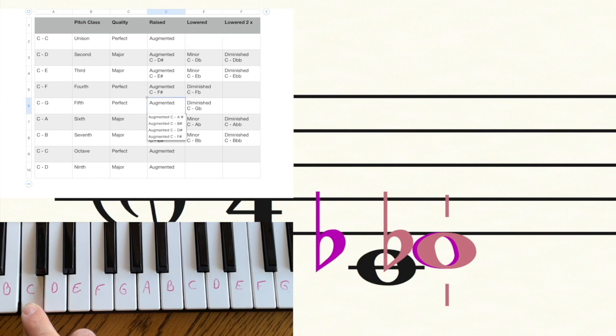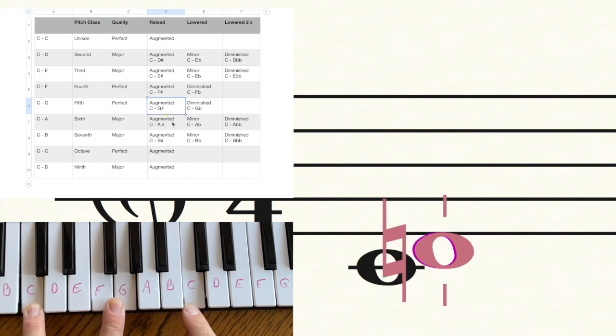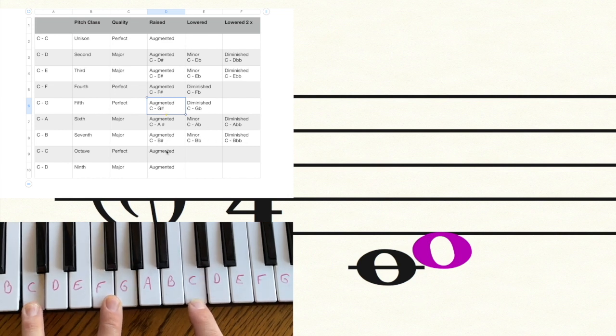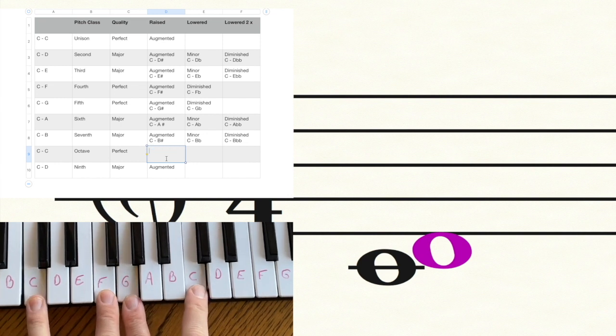So just to recap, perfect intervals, which in your C major scale, do, re, mi, or just your alphabet, unisons, fourths, fifths, and octaves are perfect. So if you lower them, they're diminished. We don't use the word minor there.